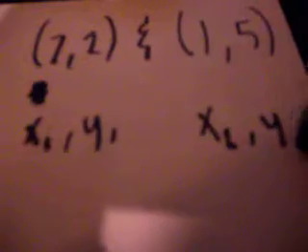Well, let's call this x sub 1 and y sub 1. And over here, this pair will be x sub 2 and y sub 2. Now it doesn't matter, this pair over here can be x sub 1 and y sub 1, or vice versa.